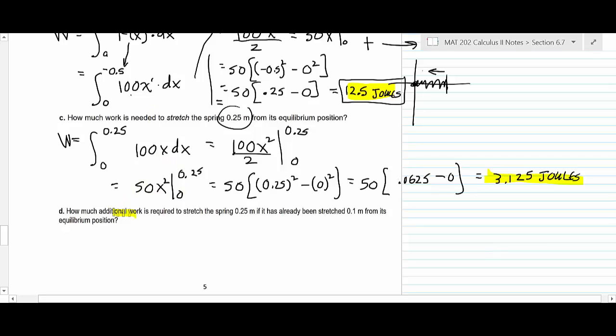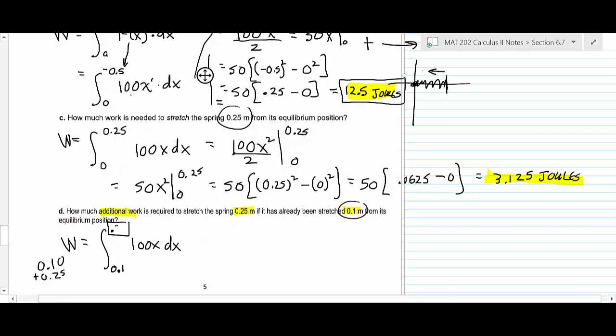This one says how much additional work is required to stretch the spring 0.25 if it's already been stretched 0.1. So basically, when you do the work on this, you're still integrating 100x dx. But instead of starting at equilibrium, it's starting there, so the upper limit would be 0.1 plus the 0.25, which is 0.35.